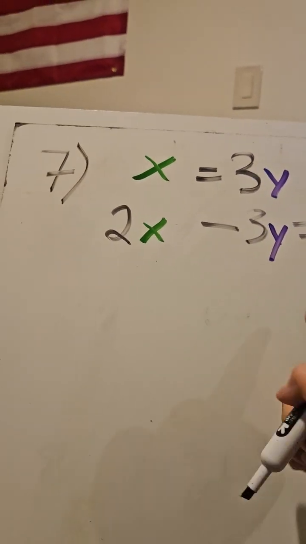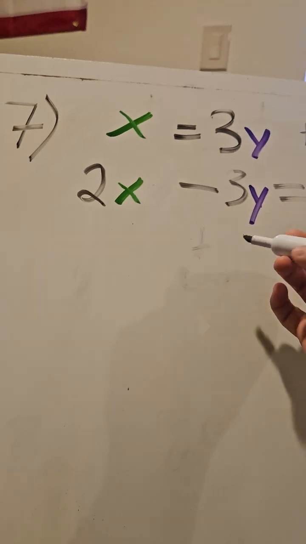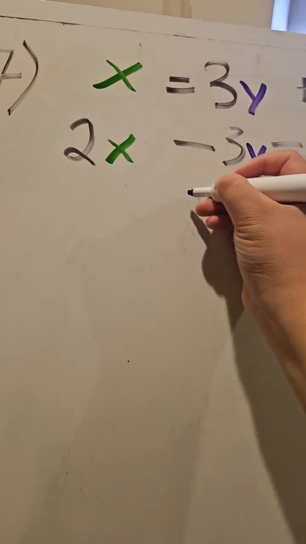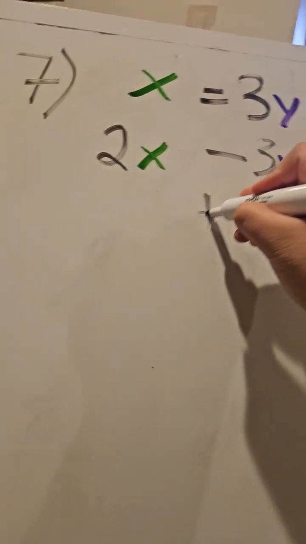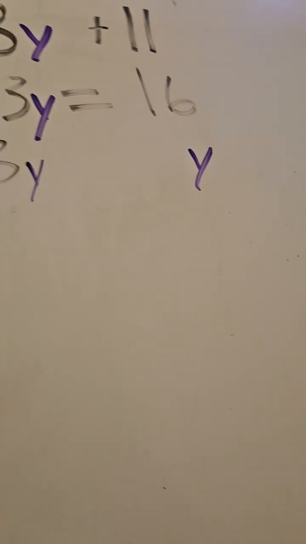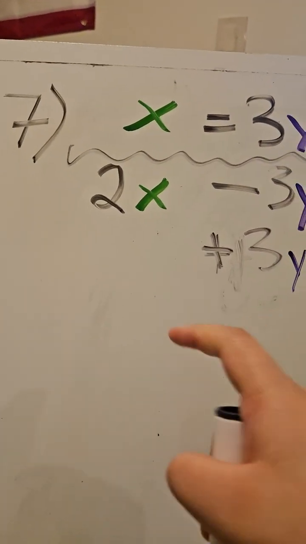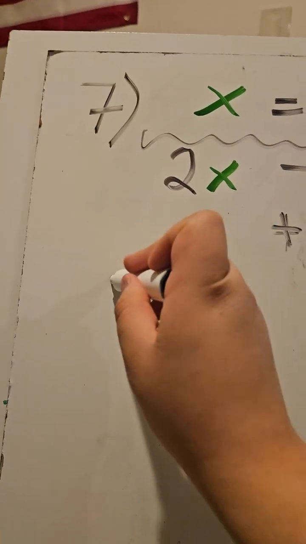Okay, so in order to put y on the other side, we have to add 3y on the other side, and we're just going to exclude the top one, so we're just focusing on this right now.